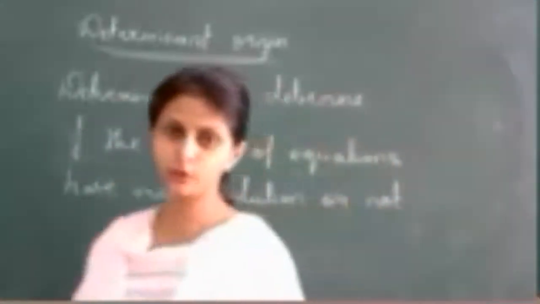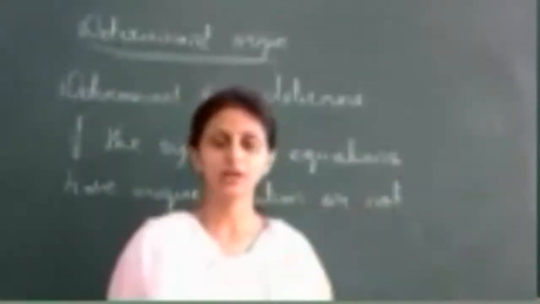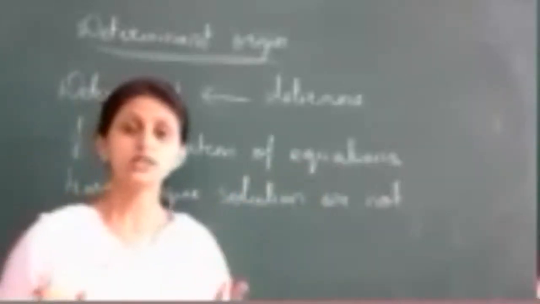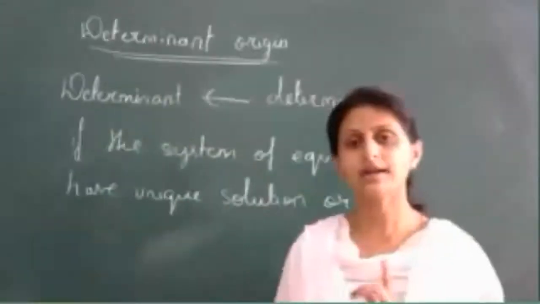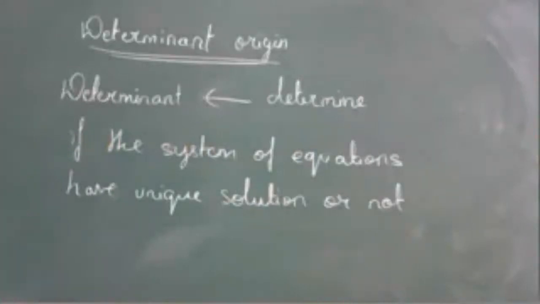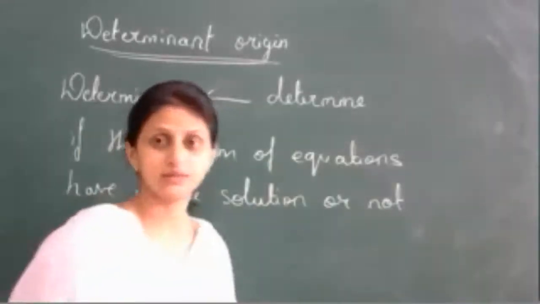Now you might be confused, students. First of all, I said that determinant represents a number. Now I am saying that it determines the system of equations. So how does this match? Remember, students, when we studied matrices, what had we studied? We had represented the system of linear equations. As in any system of linear equations, we would represent it by matrices. Right?